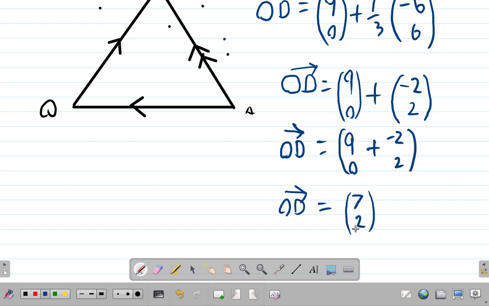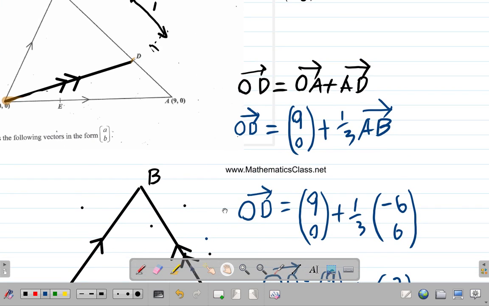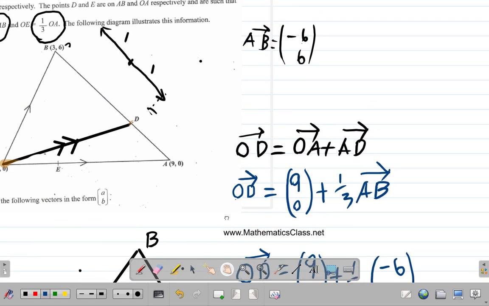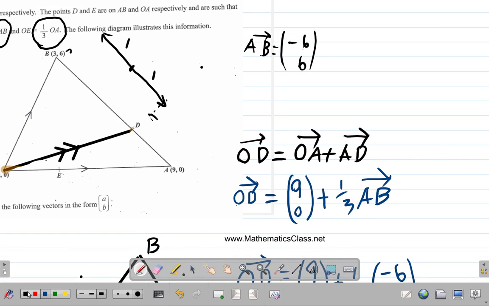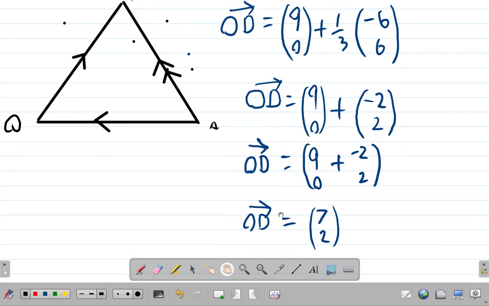So OD is 7, 2. Let me make a note of it up here. OD is equal to 7, 2. So you see that. Good. Now, 7, 2.